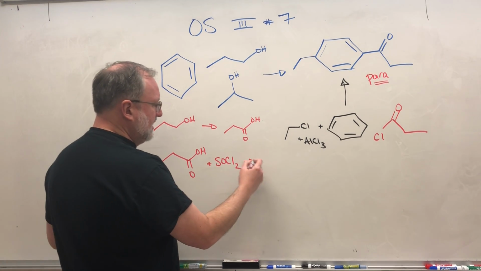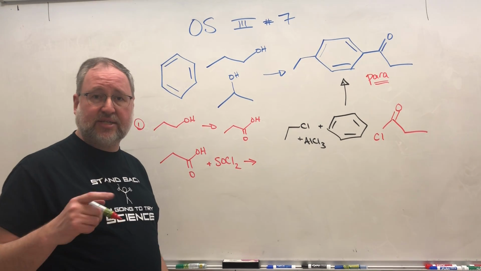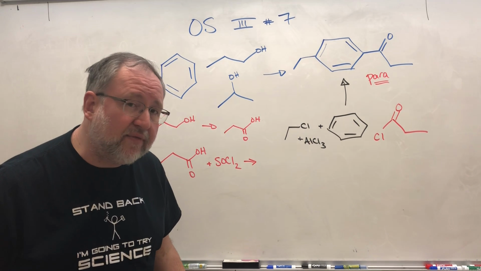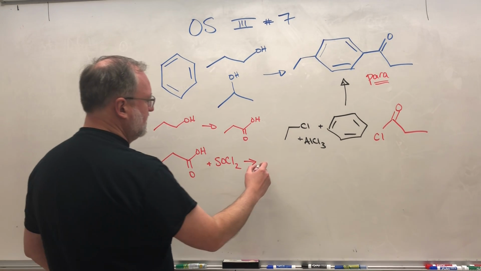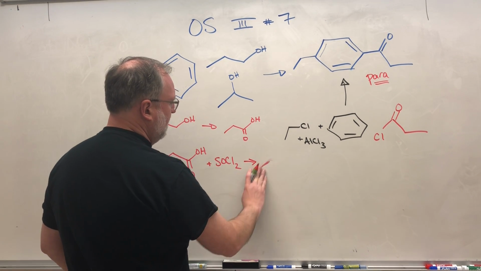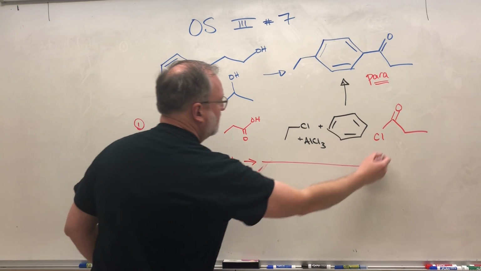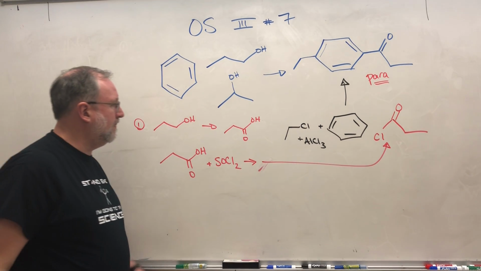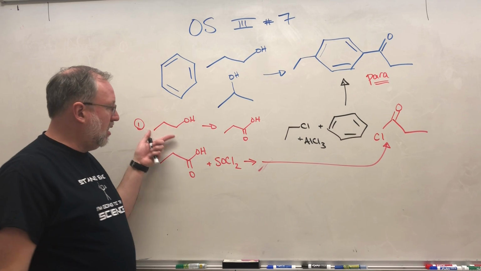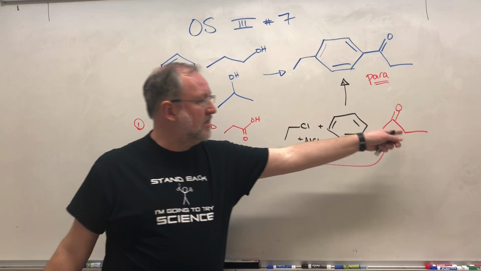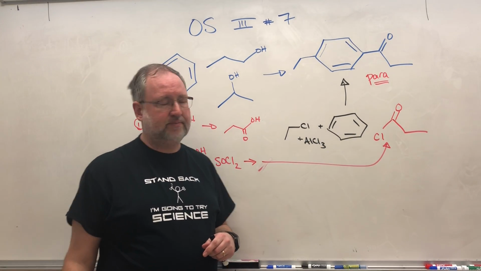It involves adding this. That's that secret agent reagent, the SOCl2. It does a couple of different things, but one thing it does is essentially it makes this. So starting with 1-propanol, we can make this piece in just a couple of steps.